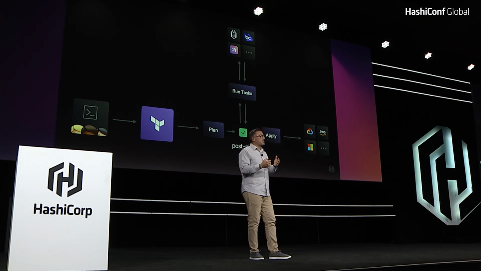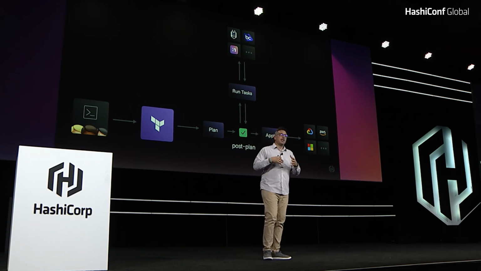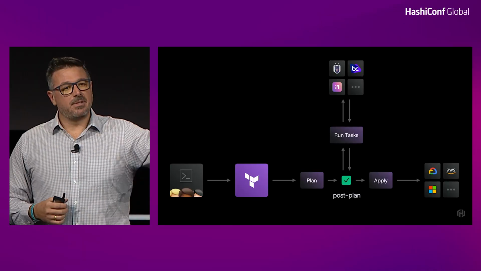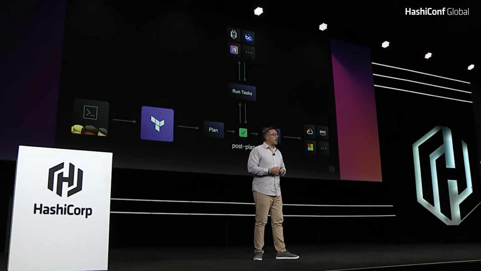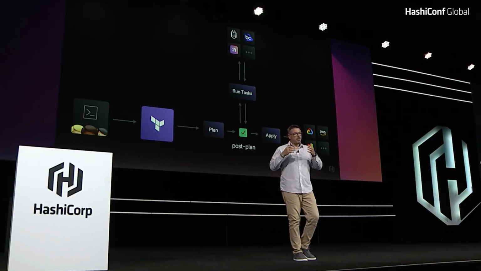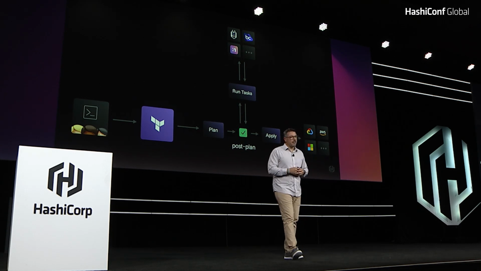Well, the idea is run tasks, rather than being an internal native process that runs within Terraform Cloud or Enterprise, it is actually a webhook or a callback that goes out to a separate system where integrations can happen and processing can happen outside of that, and then have the same level of control back into Terraform itself. So similarly, with a run task, it is possible to prevent a run from happening or an apply from happening, or just advise, right? Based on that response code and then the payloads that are available, right?